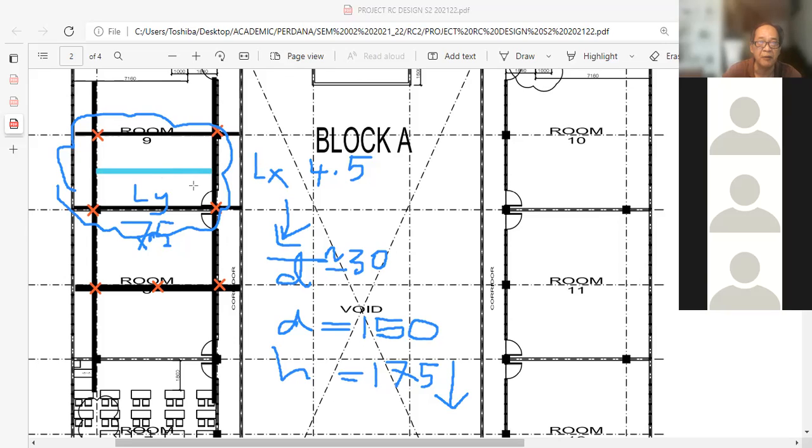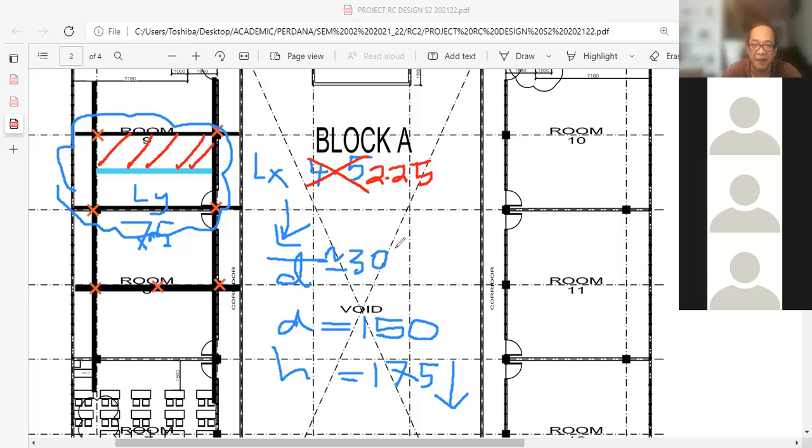Even though there is no brick wall, I can introduce a secondary beam here. And when I introduce my secondary beam here, my LX now becomes 2.25 for one typical slab. My LX is now 2.25.